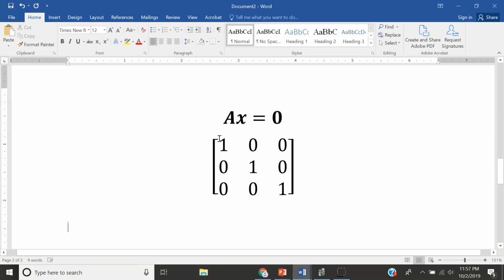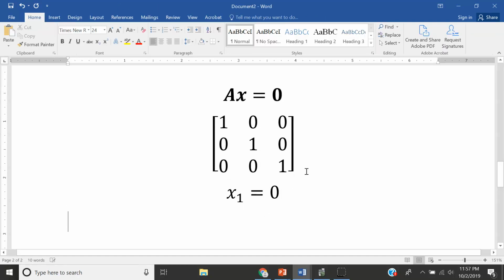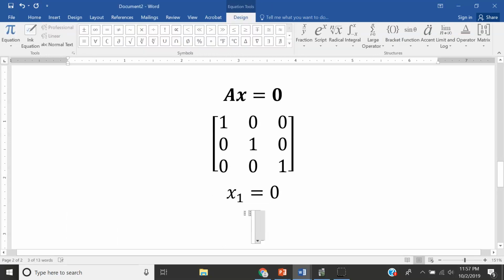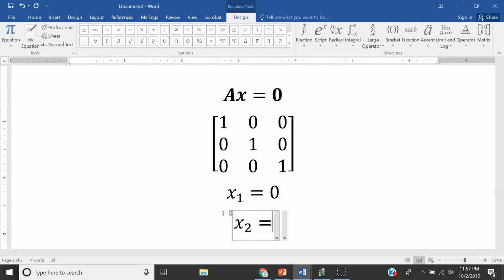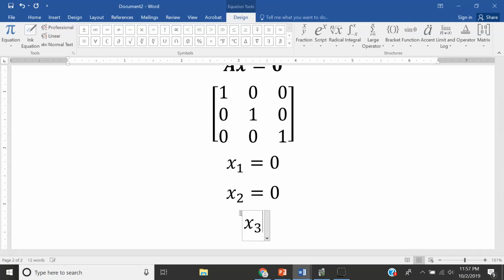So the row reduced echelon form is the identity. Now think about what this means. This means that the general solution would have been that x1 has to be equal to 0, x2 has to be equal to 0, and x3 has to be equal to 0.